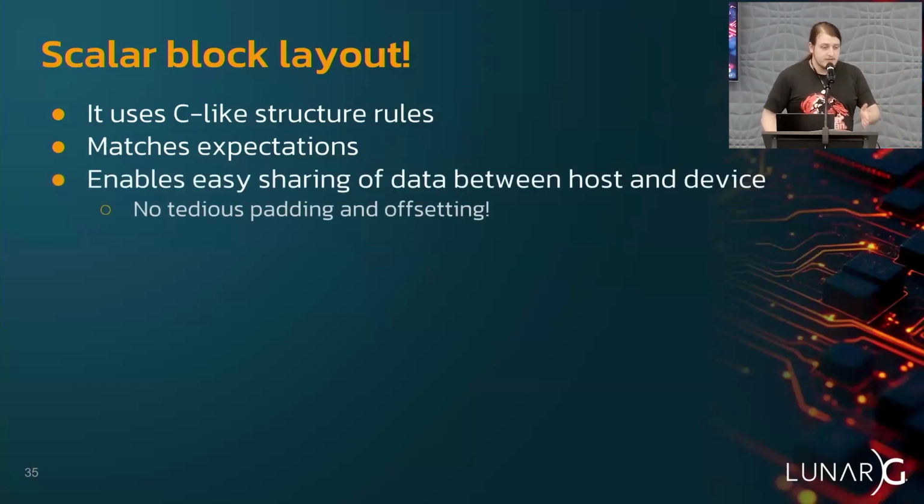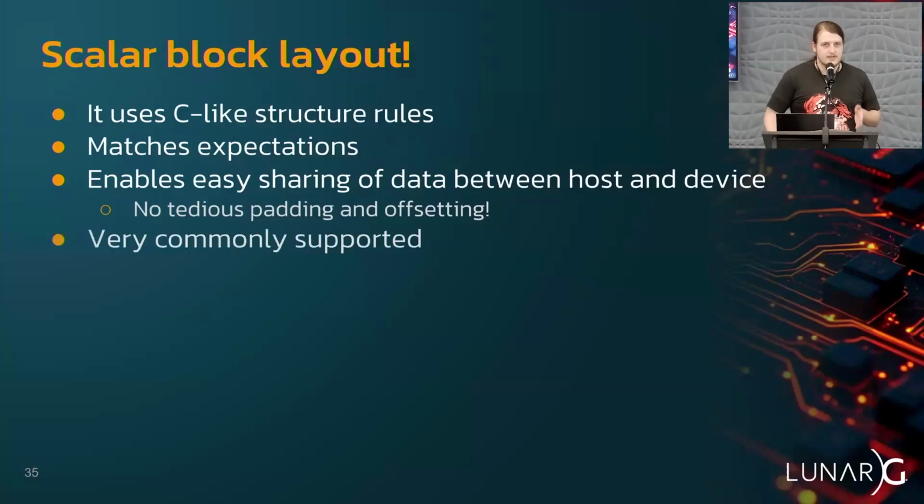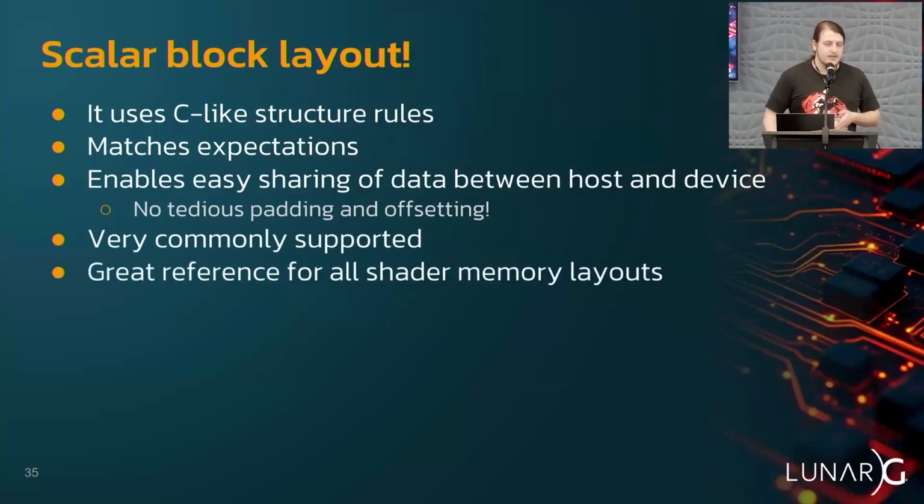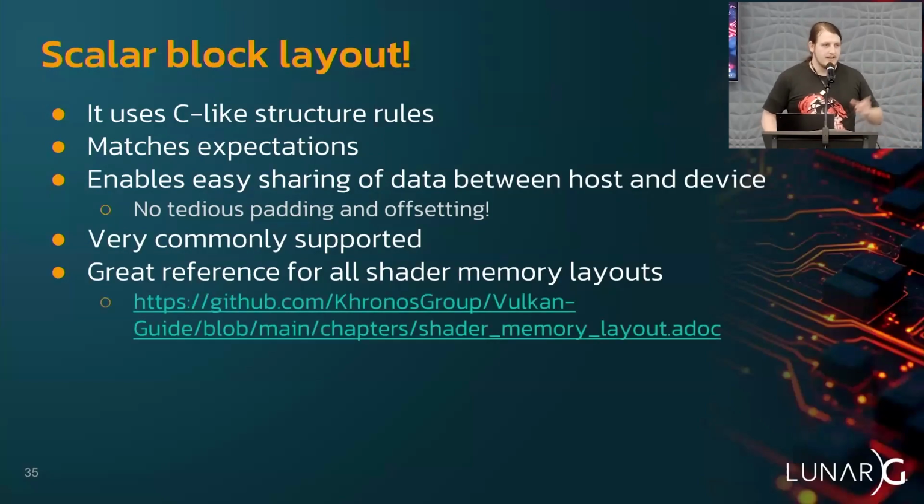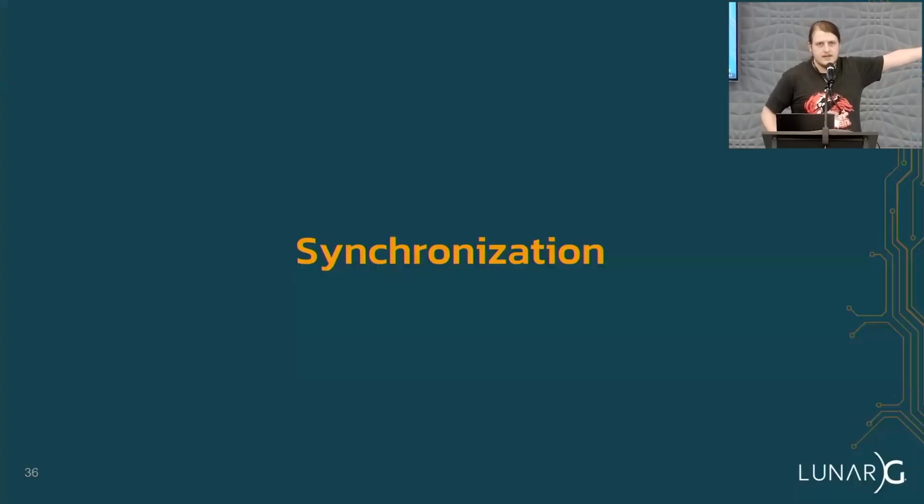Whether you should use it or not is, again, up to your discretion, because memory bandwidth is a very common performance problem, and the way you lay out data greatly impacts that. So I'll let you be the judge of that. If you want more information on both scalar layout and the other 2 that I didn't mention, again, Vulkan Guide has a great reference for this.